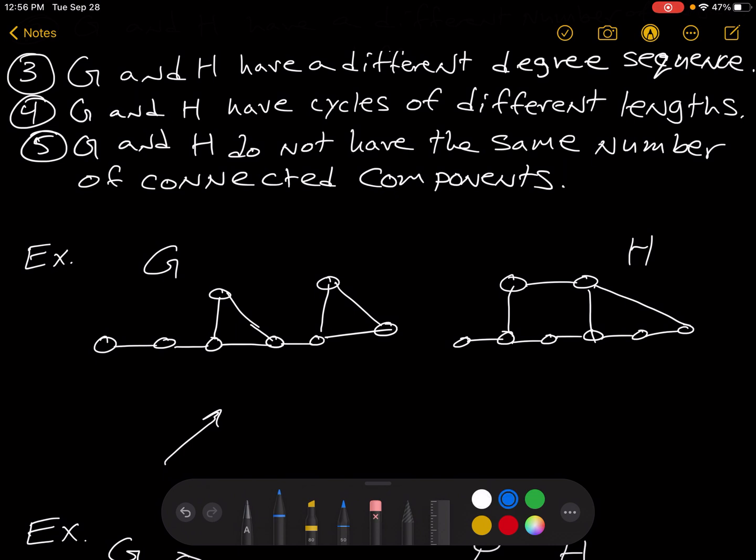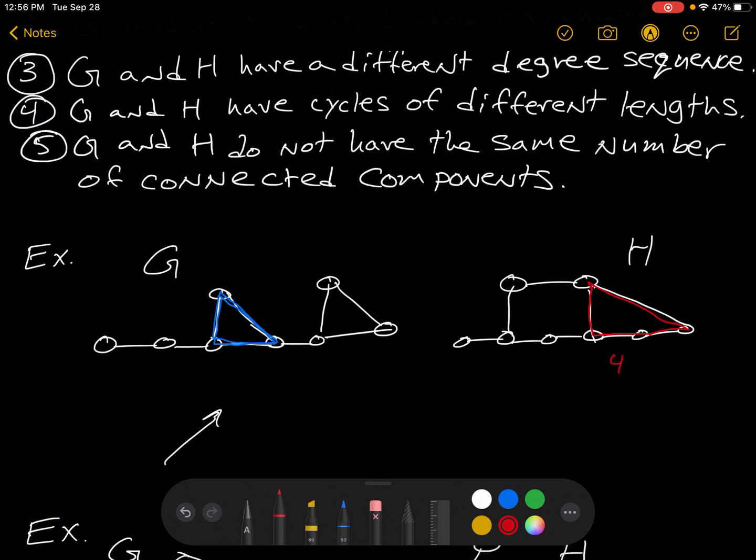So in G, here's a cycle of length 3. But notice that in H, there are no cycles of length 3, right? In H, the cycles have length 4. 1, 2, 3, 4. So that's a 4 cycle.